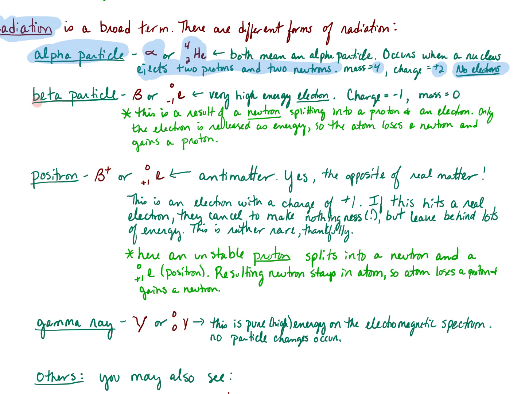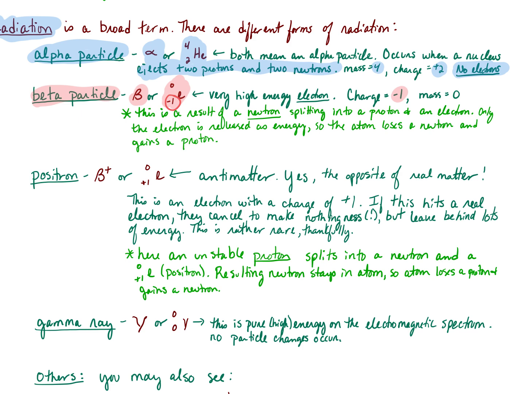If we move to a beta particle, this would be abbreviated as beta. The way that we would otherwise designate a beta particle is with a 0 at the top, and -1 e. What that says is that there's a very high energy electron. The charge of -1 is designated by the -1 down there.